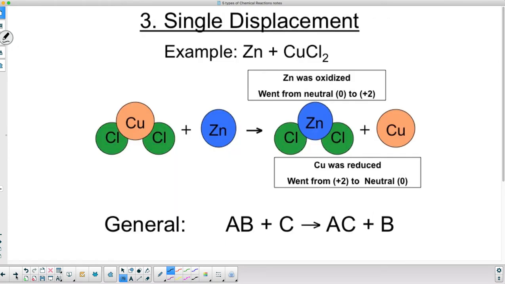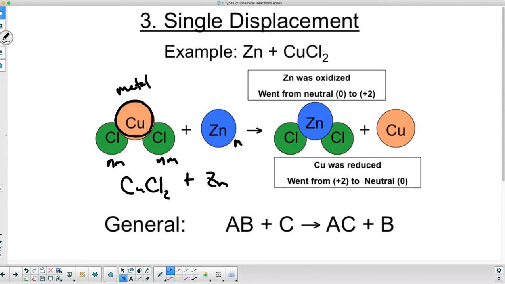Single displacement reaction. Now this one gets a little confusing, and here's what I mean by confusing. Notice that here in my example I have Cu as a metal. Now we have to pay attention to metals and nonmetals again. Then I have a nonmetal and a nonmetal. So this is Cl2 like that, plus zinc.